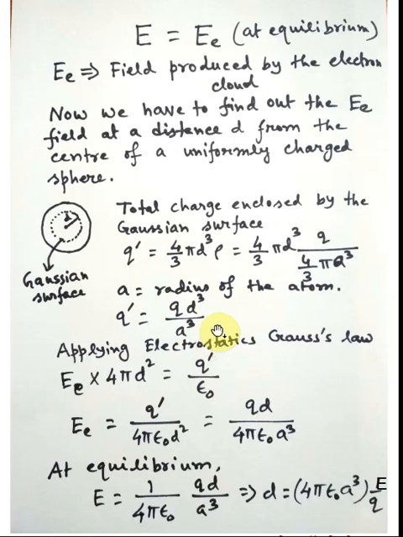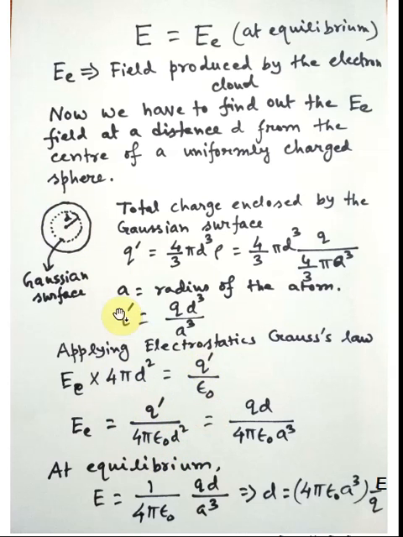Now if we apply the electrostatic Gauss's law, then the electric field due to the electron cloud times the area of this Gaussian surface will be the total enclosed charge divided by epsilon naught. The surface area of the Gaussian surface is 4 pi d squared. Then we get the electric field due to this electron cloud as q prime by 4 pi epsilon naught d squared.